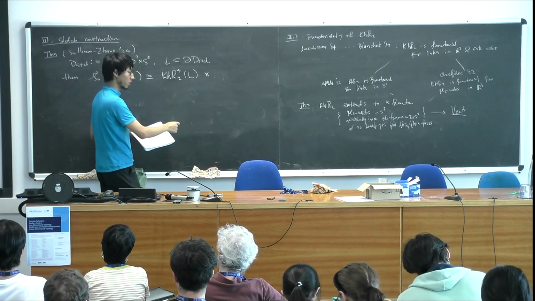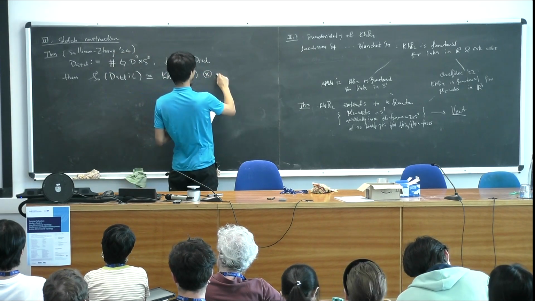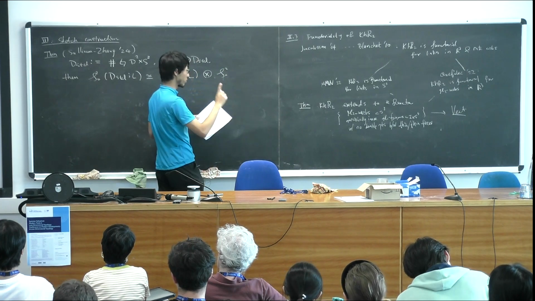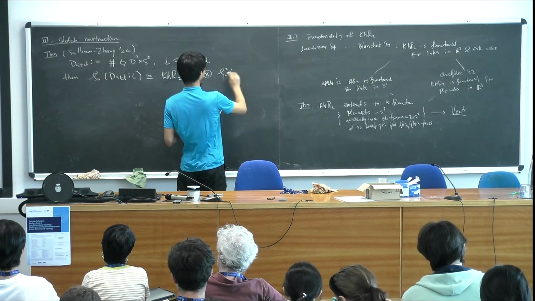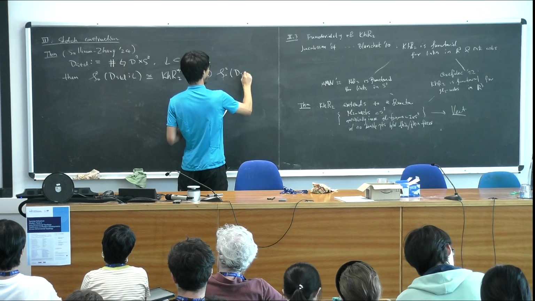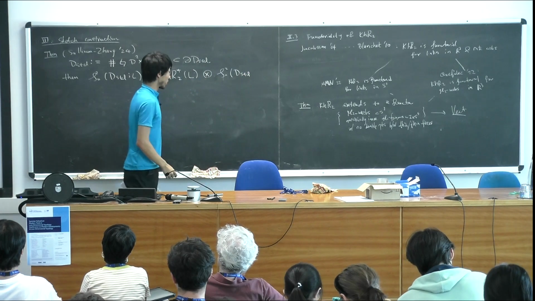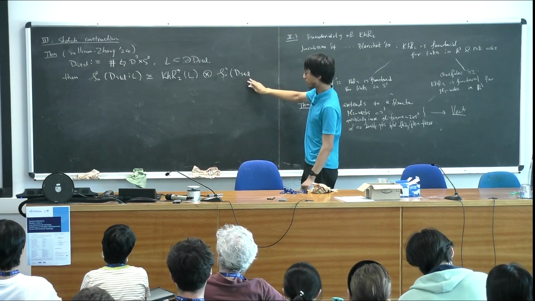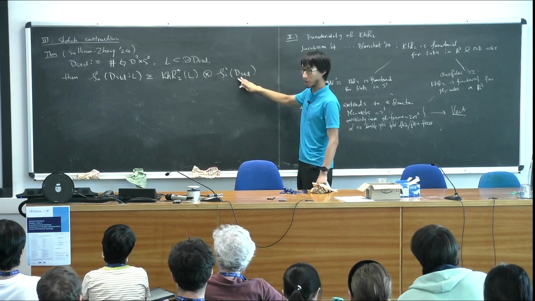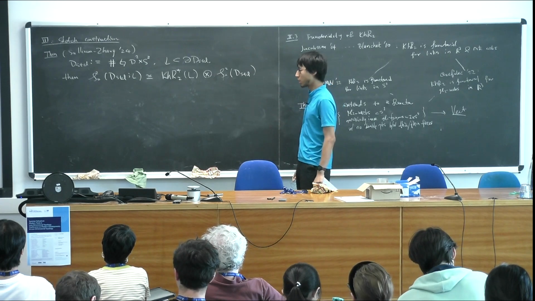Some homology of my link L tensor some so-called Qiuyu factor, just the skein lasagna module of the manifold itself with empty boundary link condition.